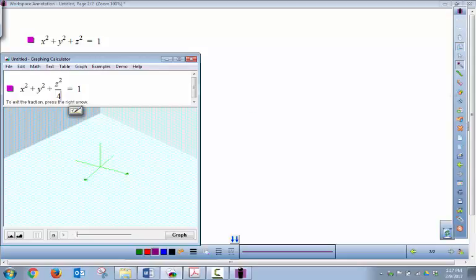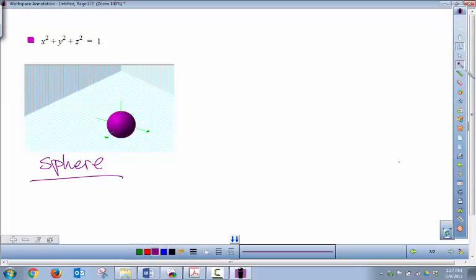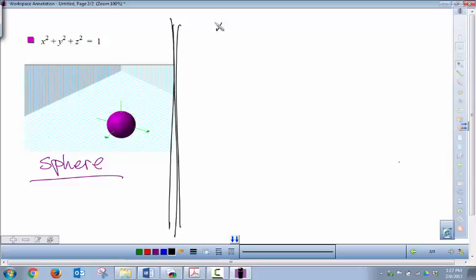Okay. Let's do some scratch work first. So let's consider x squared plus y squared plus z squared over 4 is equal to 1.